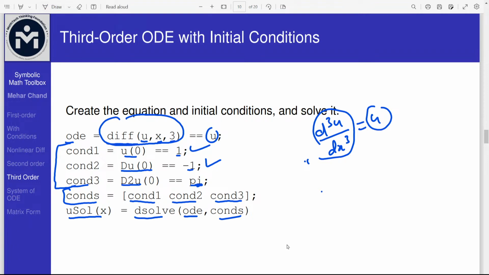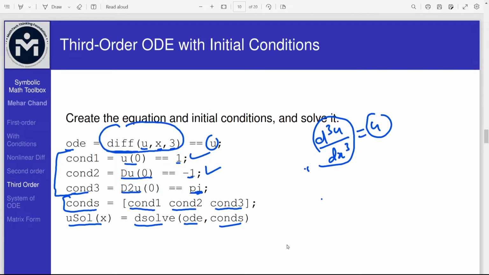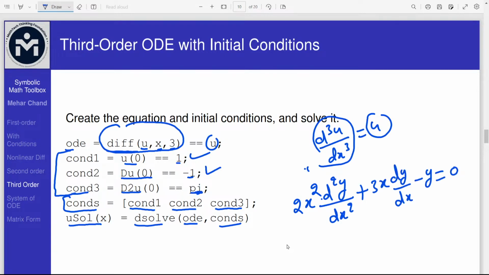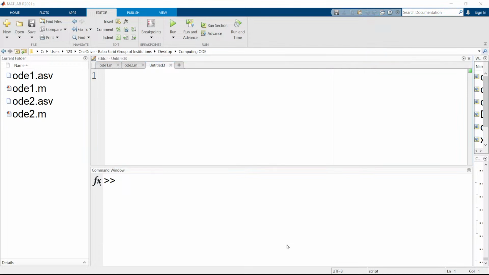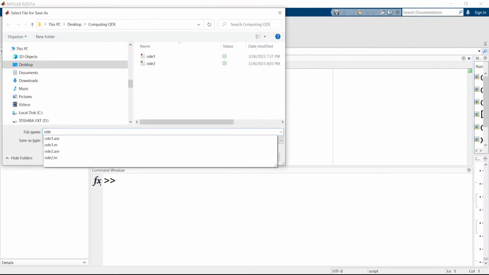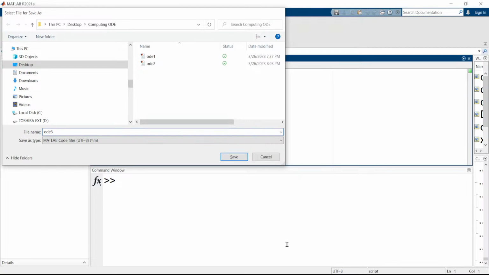So we have this equation: 2x square d2y upon dx square plus 3x. You can do it by using the same process. In MATLAB, we are creating a new file and saving it as ODE 3. This is the third example.